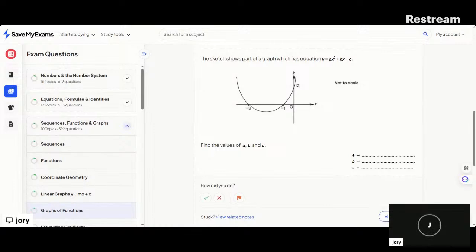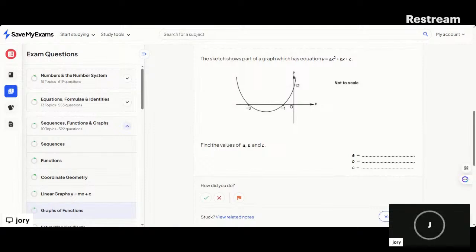Okay, so you have the two values for x, -1 and -3, and you know that y equals 0. You want to find a and b that satisfy all these conditions, and c is 12.